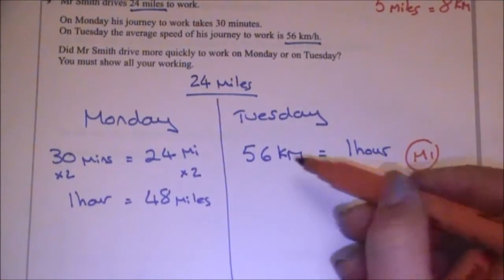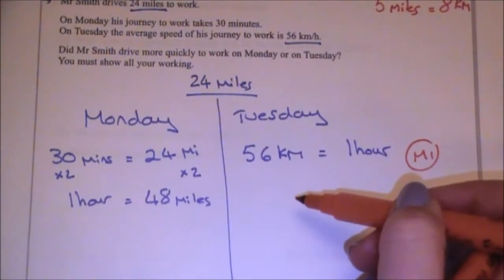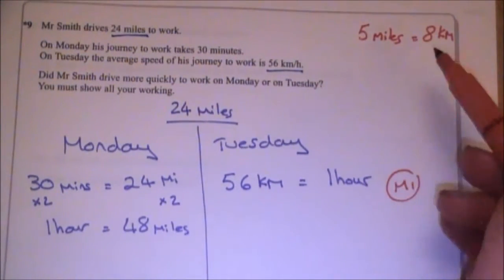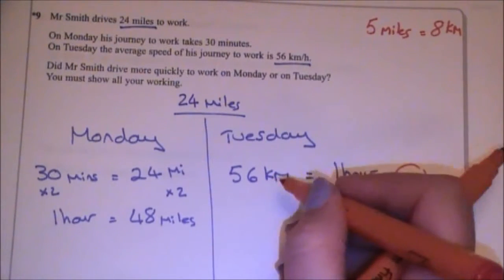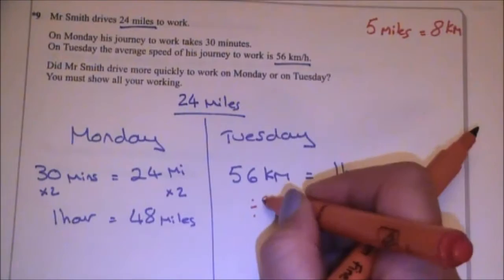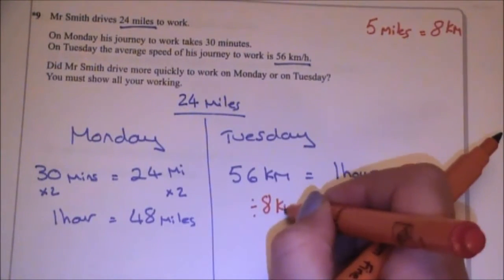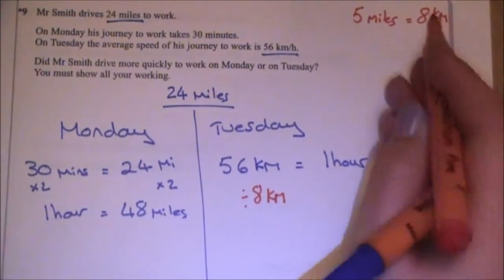I'm going to go ahead and convert from kilometers per hour into miles per hour. And because there are 8 kilometers in 5 miles, what I'm going to do is take that 56 kilometers, I'm going to divide it by 8, because that's what the kilometers measure is.